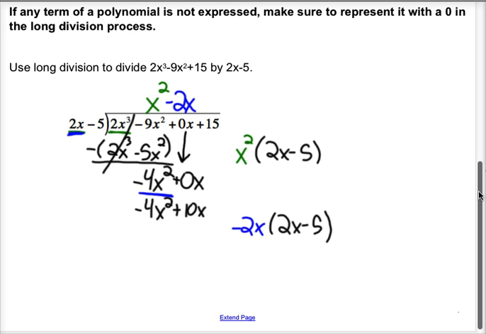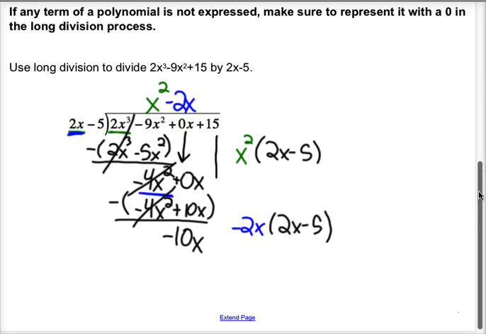And now, once we've identified that, again, we're going to see how close did we get. Negative 4x squared minus a negative 4x squared. Again, subtracting a negative is essentially adding. So those cancel out. 0x minus 10x leaves us with a negative 10x.